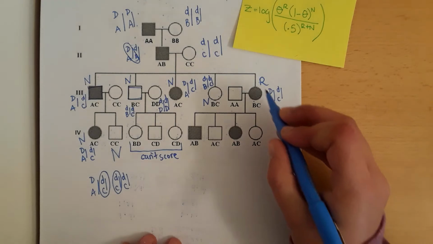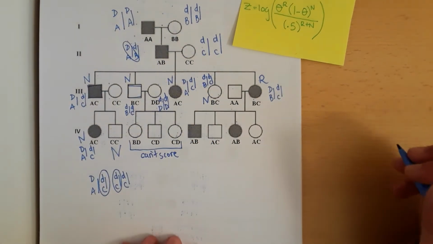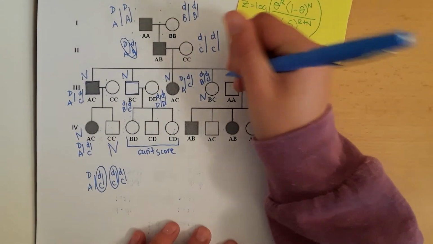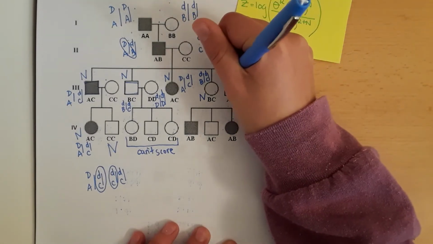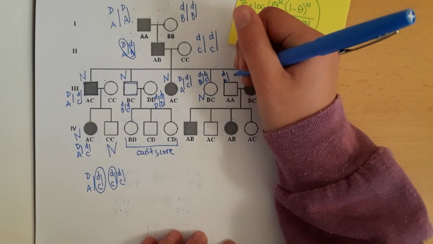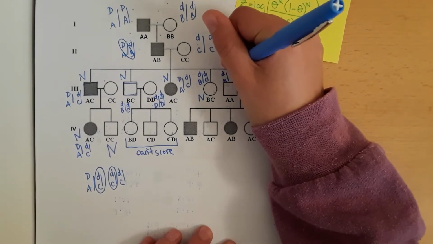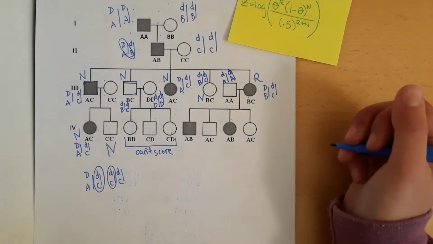So now let's take a look at this. This person, right over here, does not have the disease. So small d, A marker, small d, A marker.